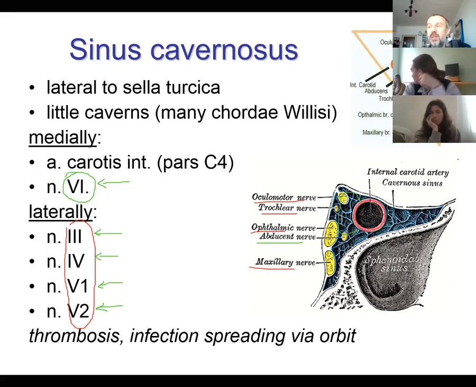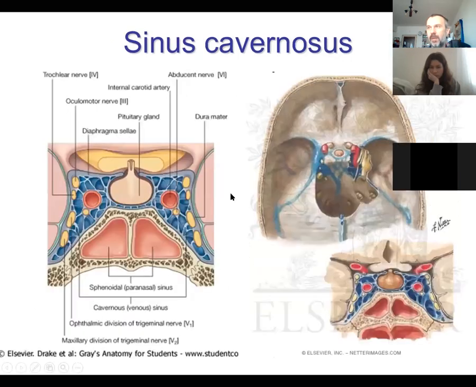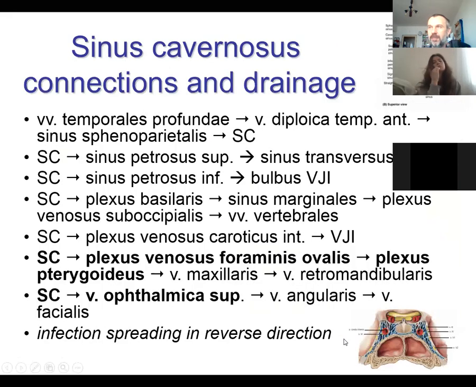So please remember what is the content of the cavernous sinus and learn this figure, how to draw it. These 4 nerves are within the lateral wall, and the carotid artery and abducent nerve are inside the cavernous sinus. There are more figures for that, for your homework.